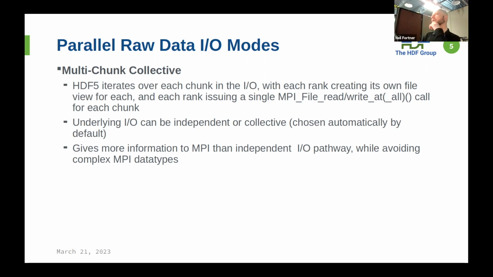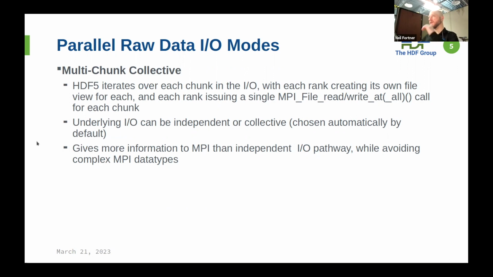It's also worth mentioning that if collective IO doesn't work well on your system, you can still use this mode by specifying that it use independent low-level IO. So you'll use collective for coordination between processes, but then it'll fall back to independent when it actually calls MPI.